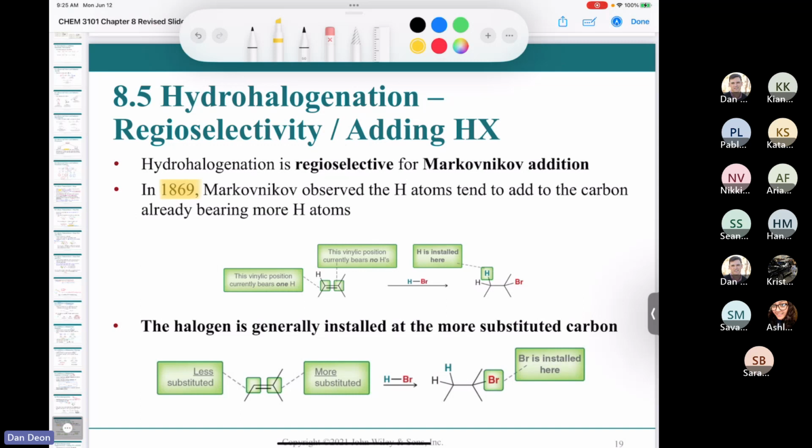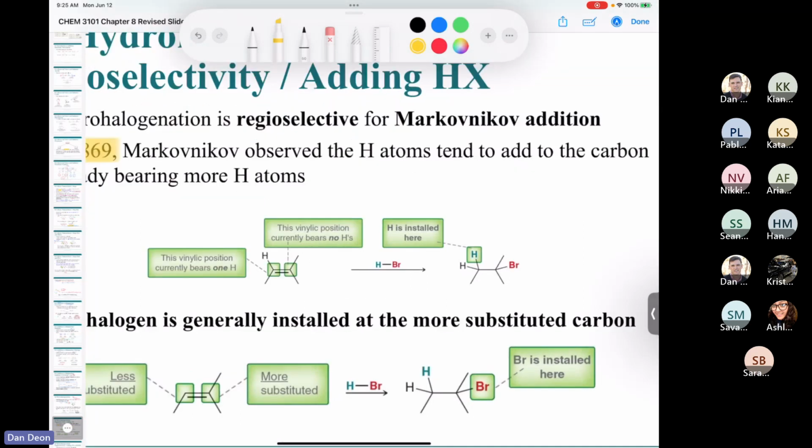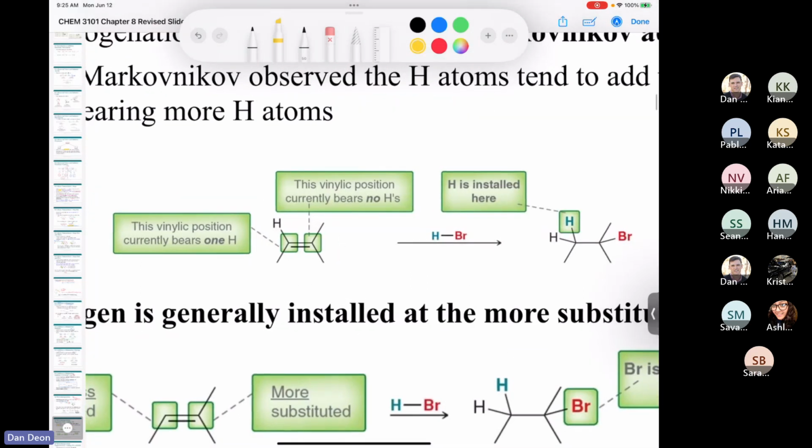He kept trying this reaction over and over, and he kept noticing that the carbon that was richer in hydrogens is the one that kept taking the hydrogen from the hydrohalide, from HBr, HCl, or HI.